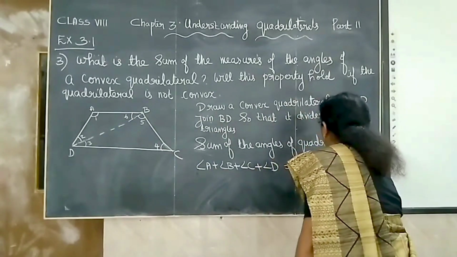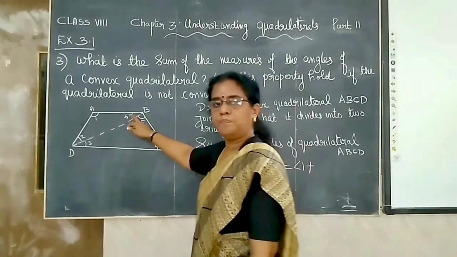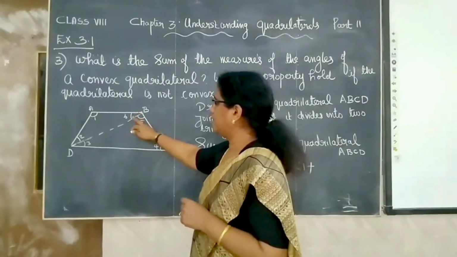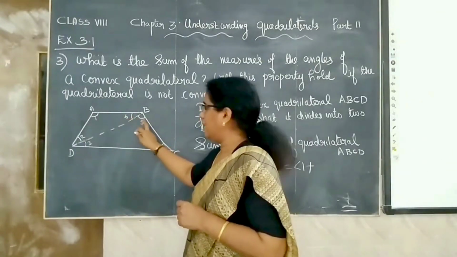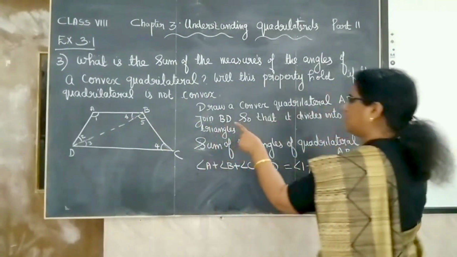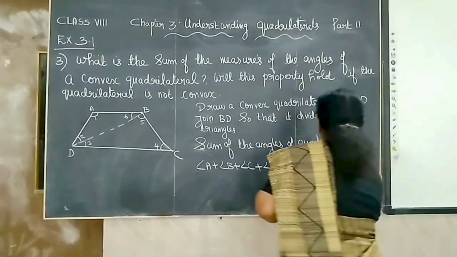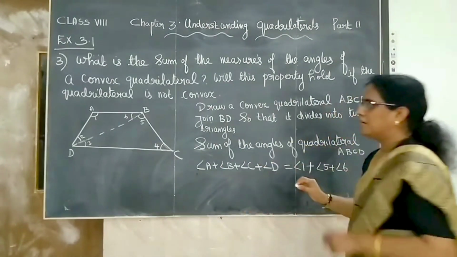Therefore we can write angle 1 plus angle B. Angle B we are getting by adding angle 5 plus 6. Angle 5 plus 6 together will give angle B. Therefore, instead of angle B we can write angle 5 plus angle 6.